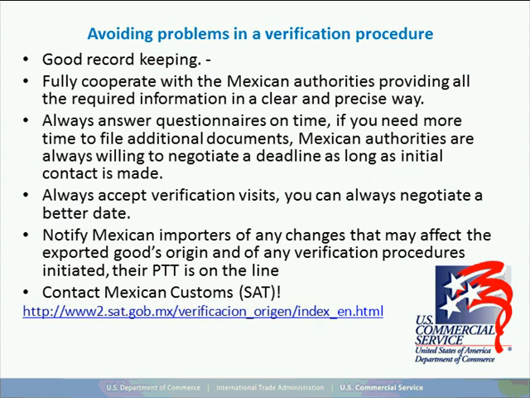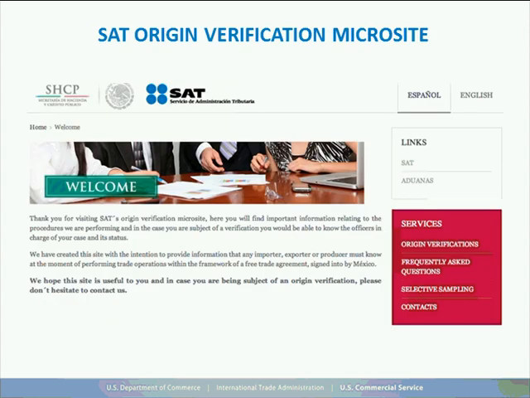They have a very good site, a microsite actually, in that link that you can see there. And then the next slide you'll see actually a picture of the microsite, which is in English. And you can see that they're trying to inform the U.S. and Canadian exporters of these types of verification procedures that they're making. So they even give you the direct contact information of the head people who work in this area.